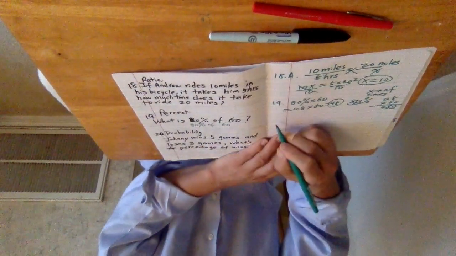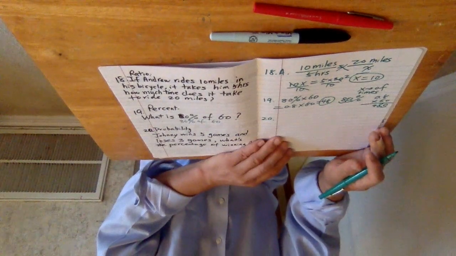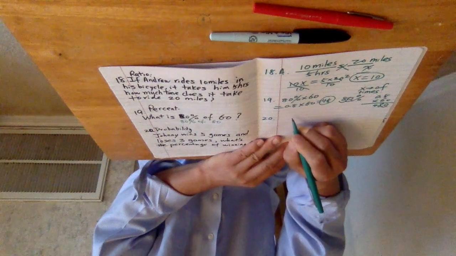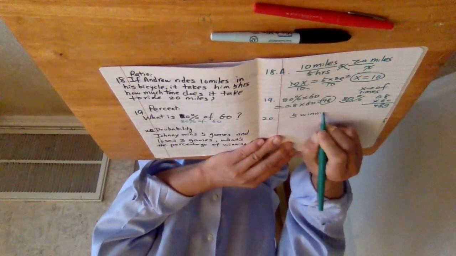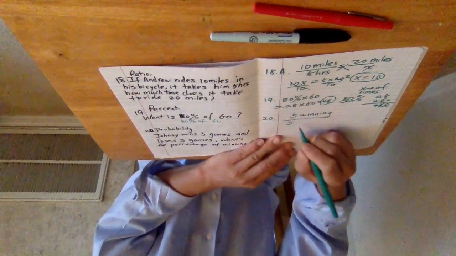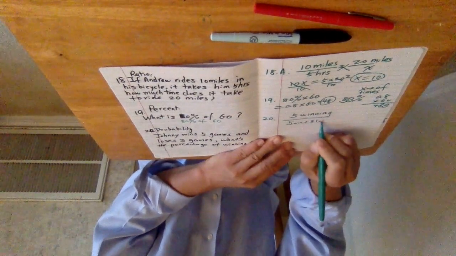Number 20, probability problems. Johnny wins 5 games and loses 3 games, so what's the percent of winning? We have 5 games winning divided by all the games together, which is 5 wins plus 3 losses.